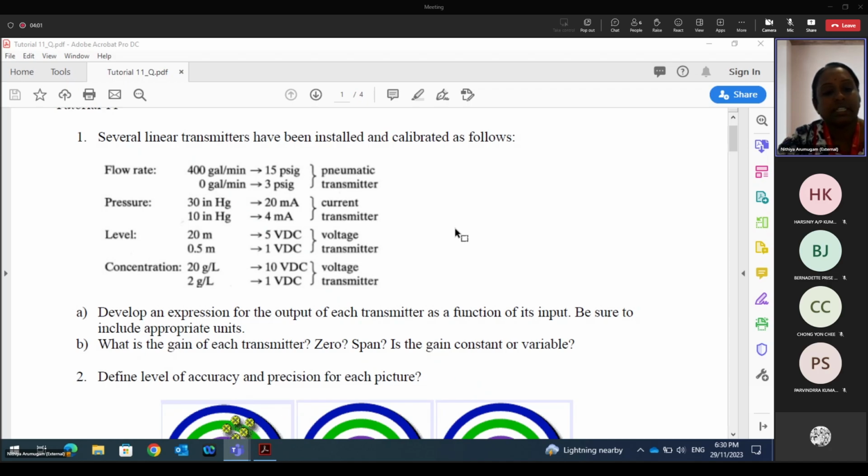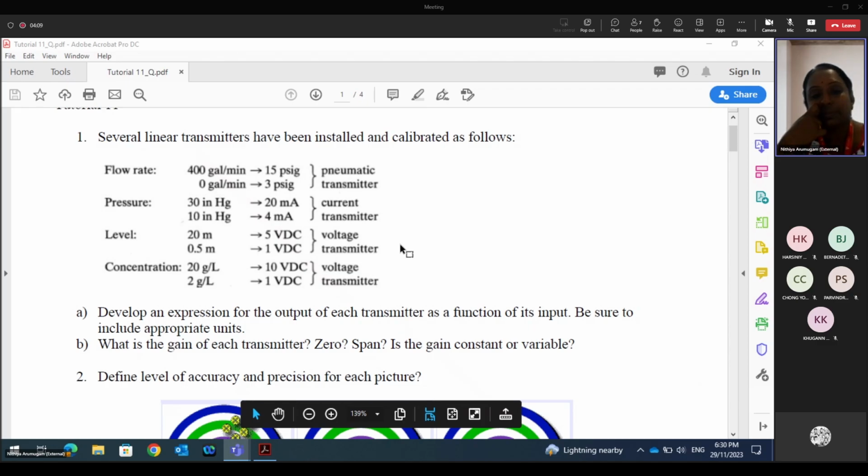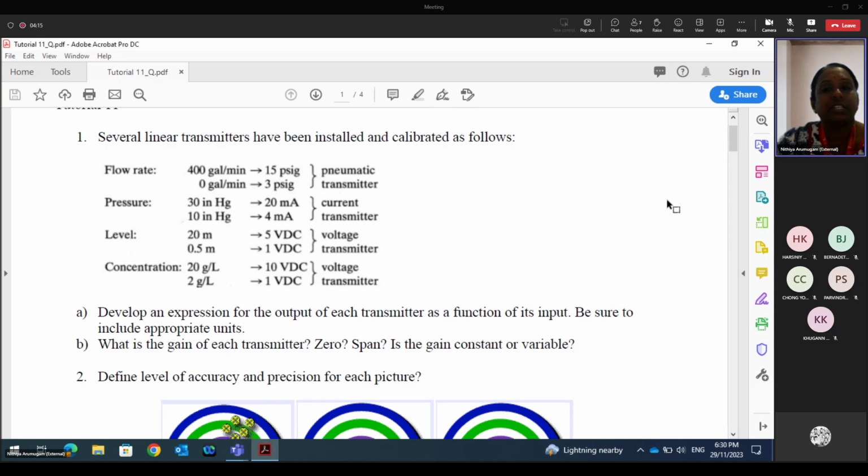So given this, the type of transmitter here, we need to develop an expression for the output of each transmitter as a function of its input. Be sure to include appropriate unit. So if you notice here, we have to develop for each, like for the flow rate transmitter, current transmitter, voltage transmitter, and also for the other voltage transmitter. And it is already mentioned as a linear transmitter.